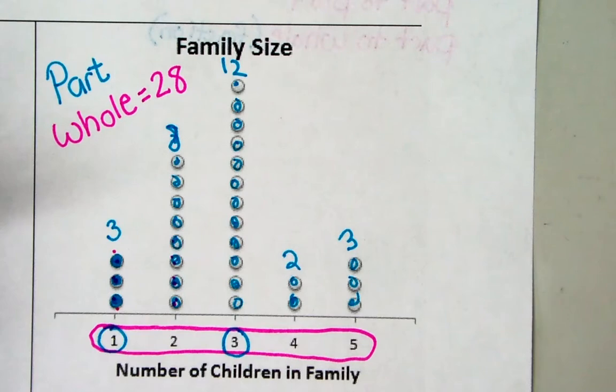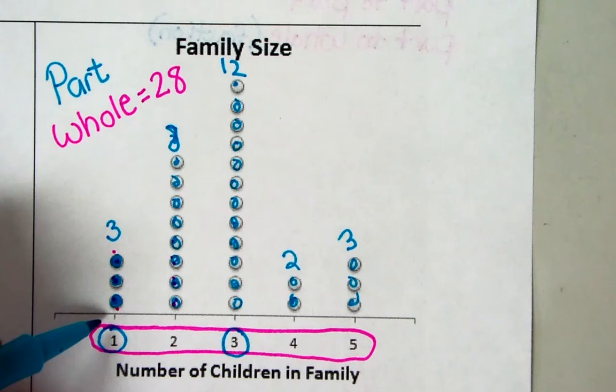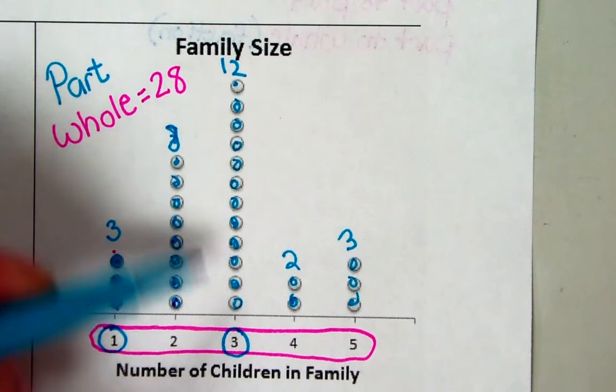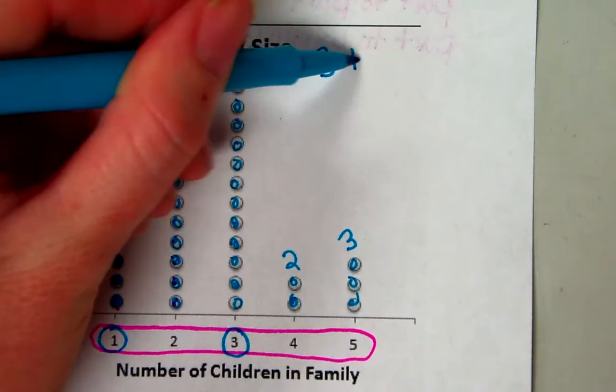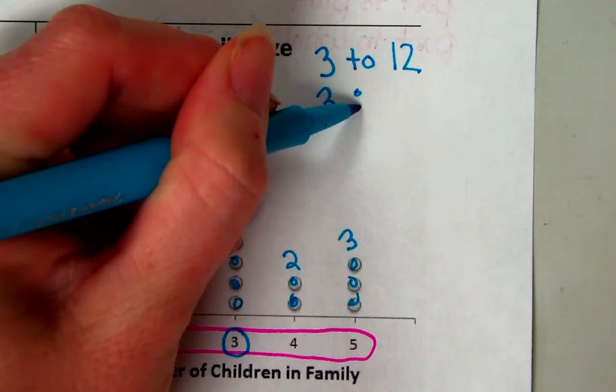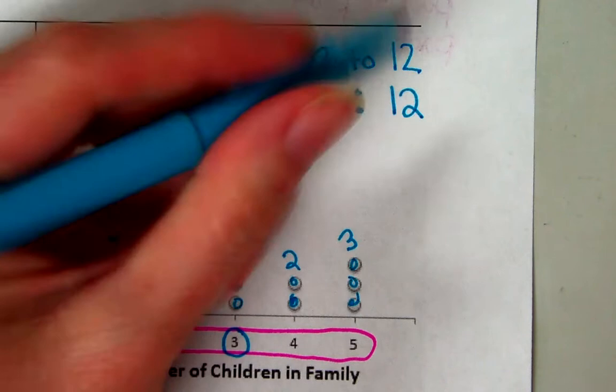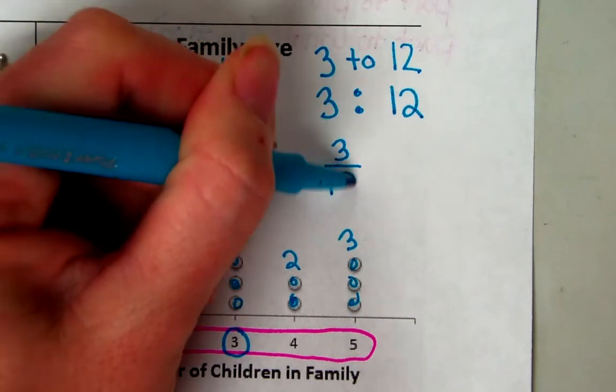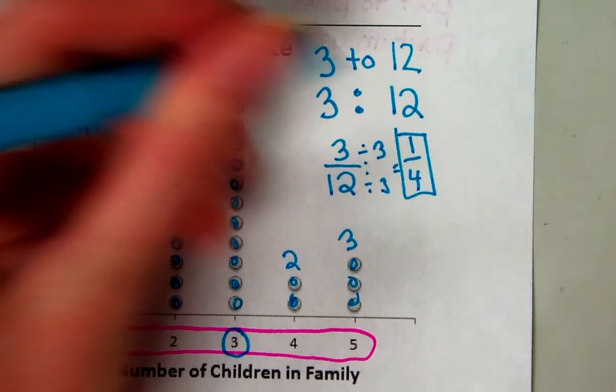For example, what ratio represents the number of families with 1 child compared to the number of families that have 3 children? You would look here, and there's 3 families that have 1 child and 12 families that have 3 children.